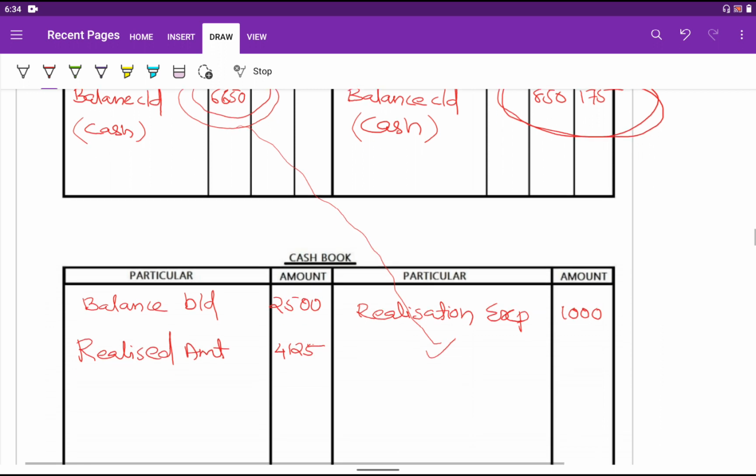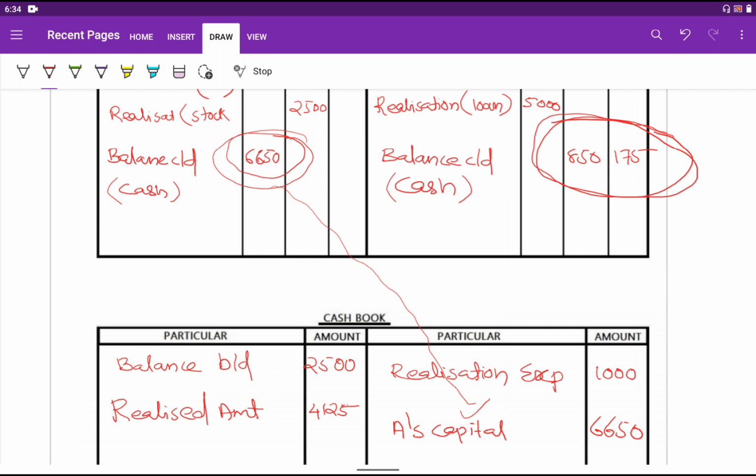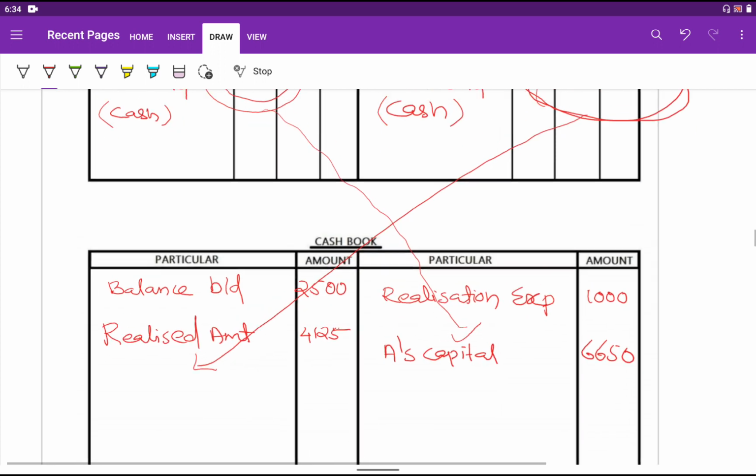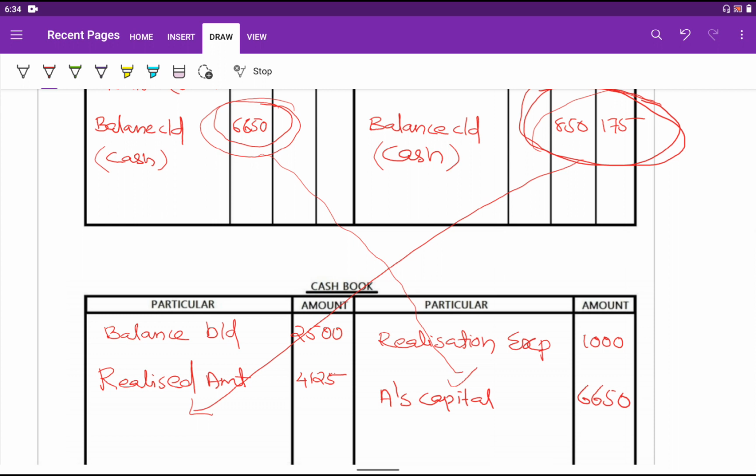So we'll write here A's capital 6,650, and B and C, these two amounts will be coming this way. Why? Because they want to bring the amount. That is why it is going to credit side, balance is going to credit side.